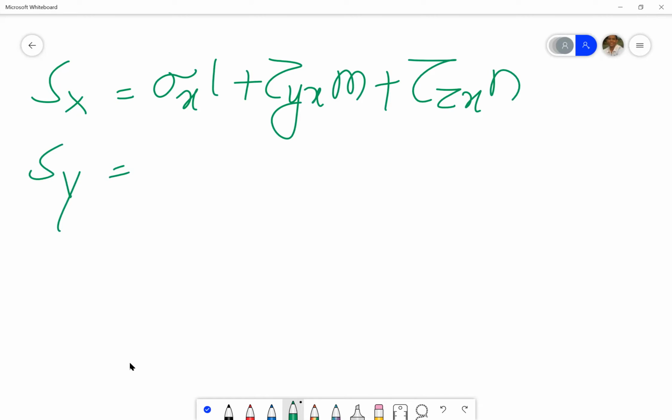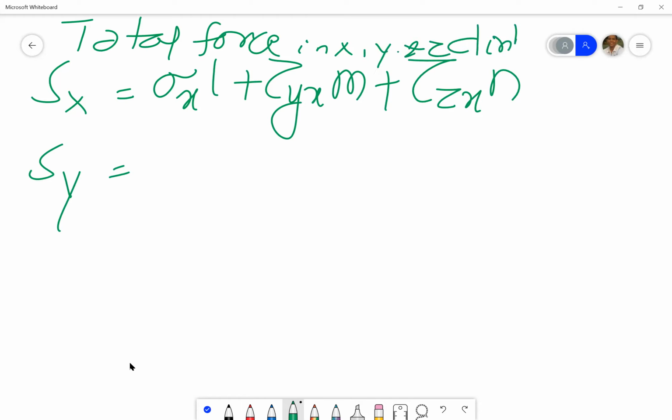Similarly, Sy is equal to... sorry, this is the total force. This is the equation of total force, not the stress. Total force in x, y, and z directions.